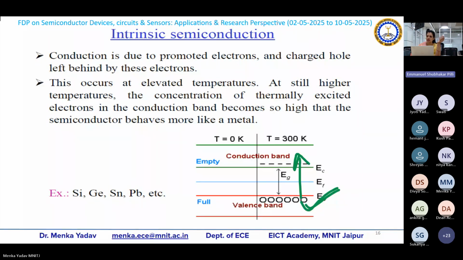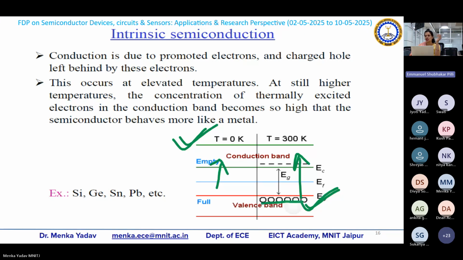And at 0 degree temperature, there is no electron or hole available, because all electrons are occupying their wanted space. So they are not free to move from the valence band to the conduction band. When they were moving from the valence band to the conduction band in an intrinsic semiconductor, they were leaving behind an empty space that is equivalent to the empty chairs.